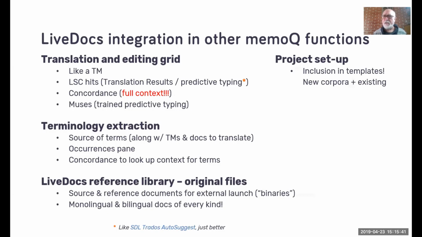Now, that's the same information that you'll find in the occurrences window, but that's a little bit more efficient way of accessing that information. You don't have to scroll through a long list, and that's kind of helpful.